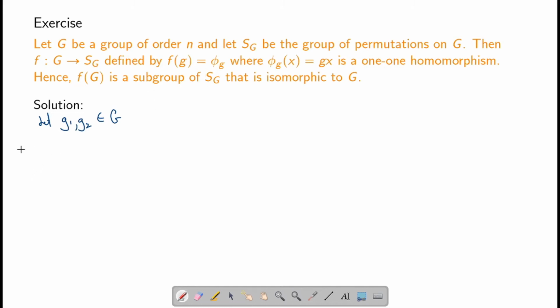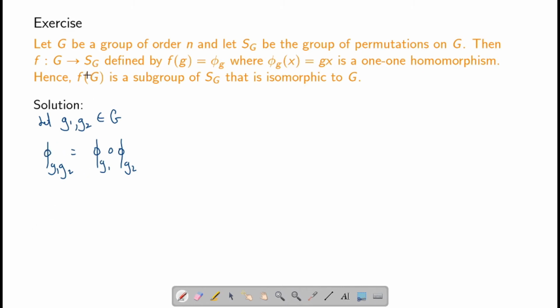In other words, we need to show that phi_{g1 g2} is the same as phi_{g1} composition phi_{g2}. How do I show that two functions are the same? I need to show that given any element in the domain, they have the same image in the codomain.